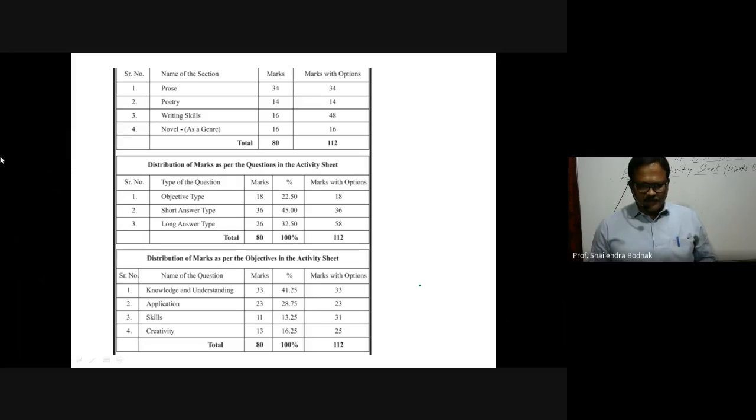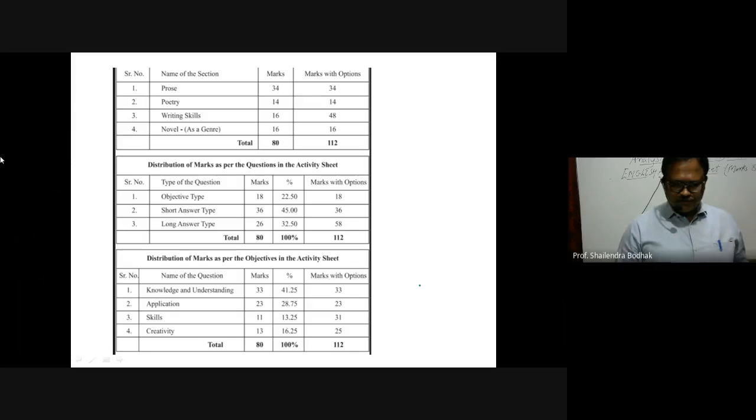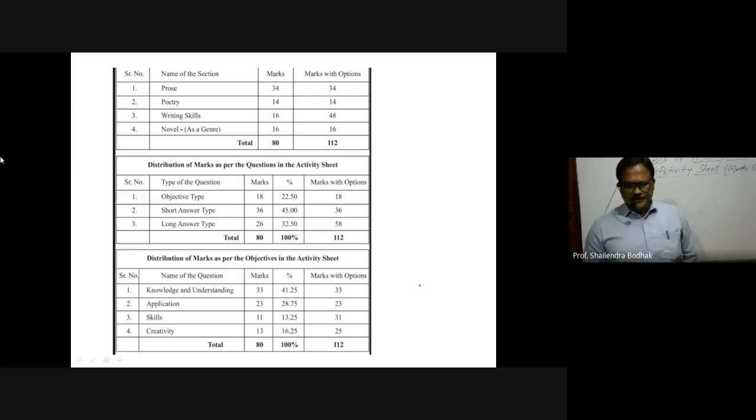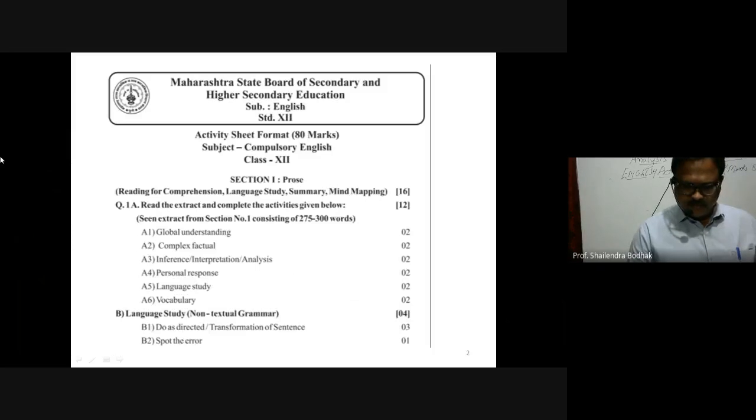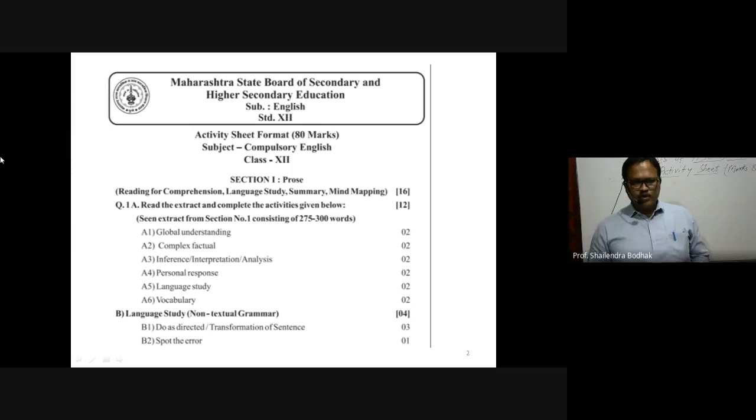Okay. Then a chart is also given as per the objectives in the activity sheet. Knowledge and understanding 33 marks, application 23, skills 11, and creativity 13, like that. So you can study that chart. Then next we move on to the activity sheet format.